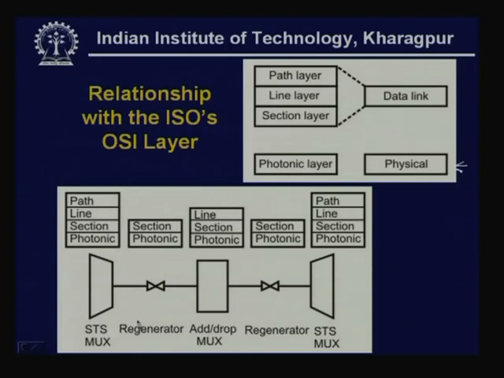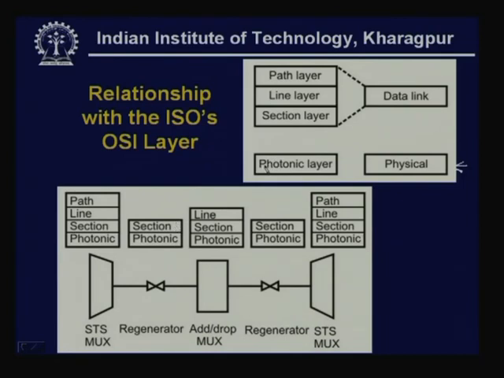And here, as you can see, the functionality incorporated in the different devices of the SONET system is shown. The STS multiplexers are provided with the functionality of path, line, section and photonic layer, all the 4 layers. On the other hand, the regenerators are provided with only the functionality of 2 layers, photonic and section layer.